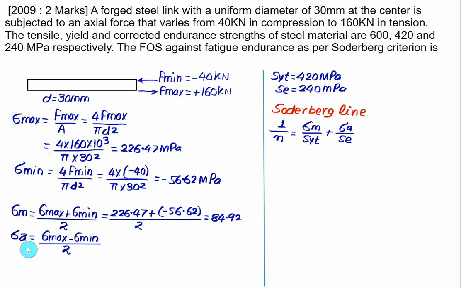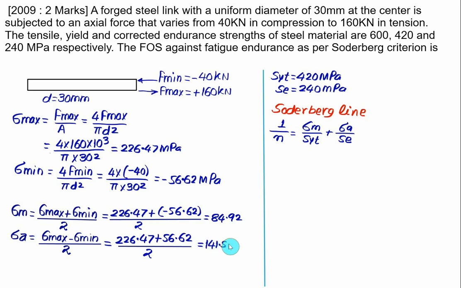And the amplitude stress is maximum minus minimum by 2, so 226.47 minus minus, that becomes plus, 56.62, again divided by 2.